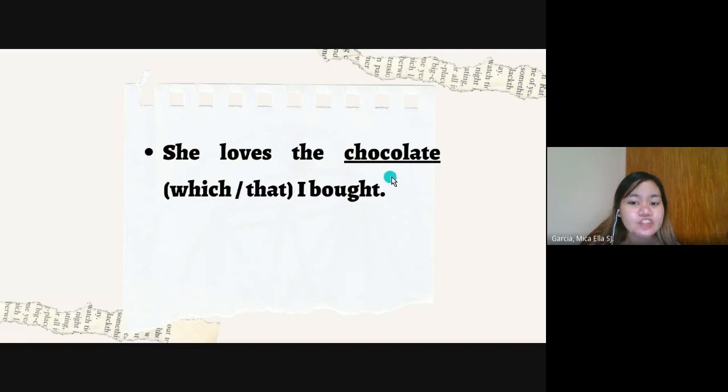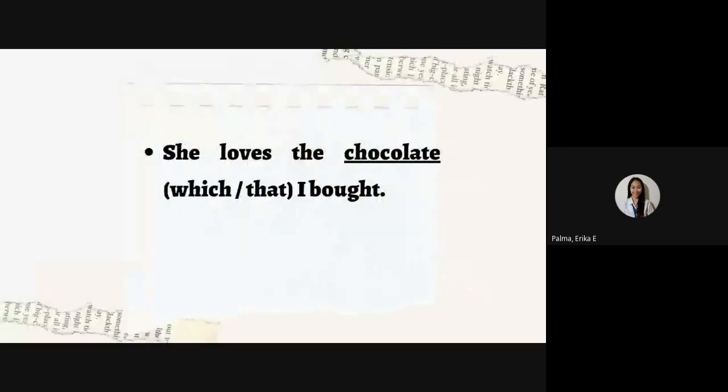And chocolate is a food, so we can consider it as a thing. That's why we use which or that to refer to the chocolate. Is that clear? Yes po.